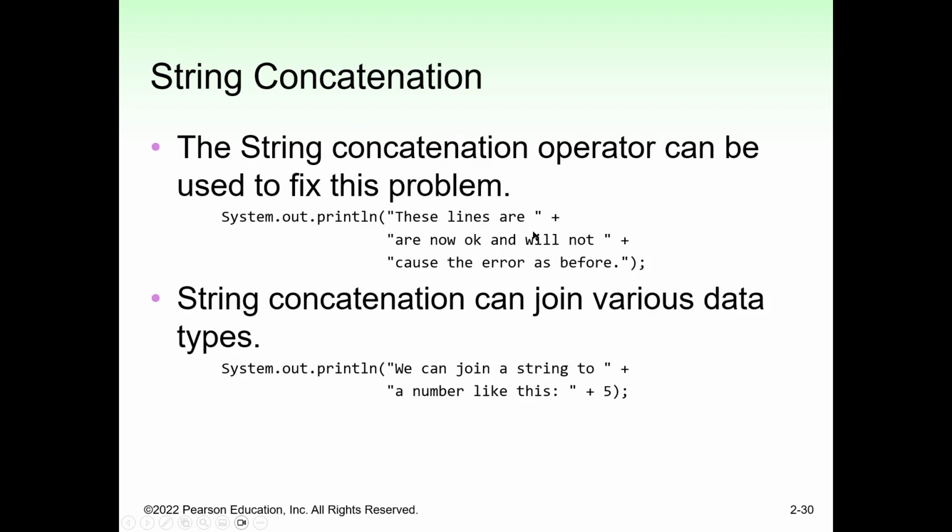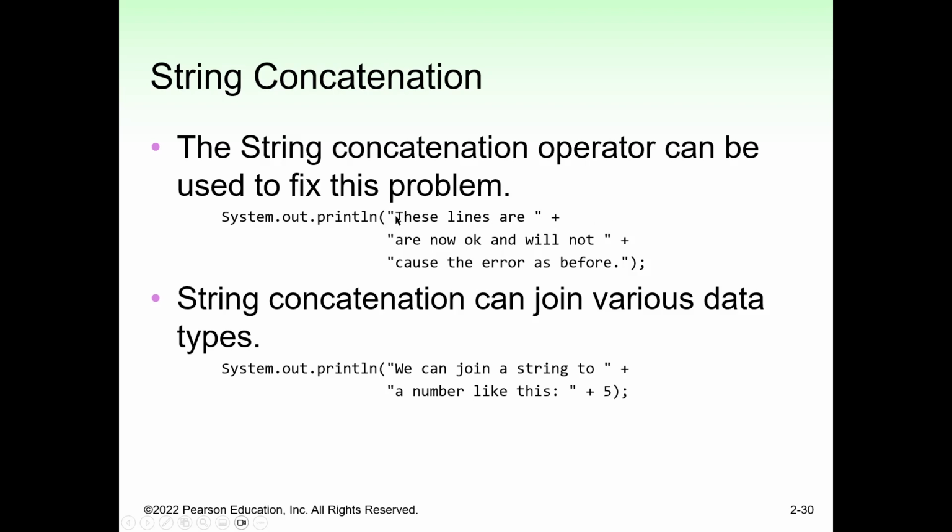As you can see here, we're separating our big string into little pieces. In this case, we have "these lines are now okay and will not cause the error as before." We separate it into "these lines are", then we put a plus sign. Then again, notice how each one of these strings has its own pair of quotation marks.